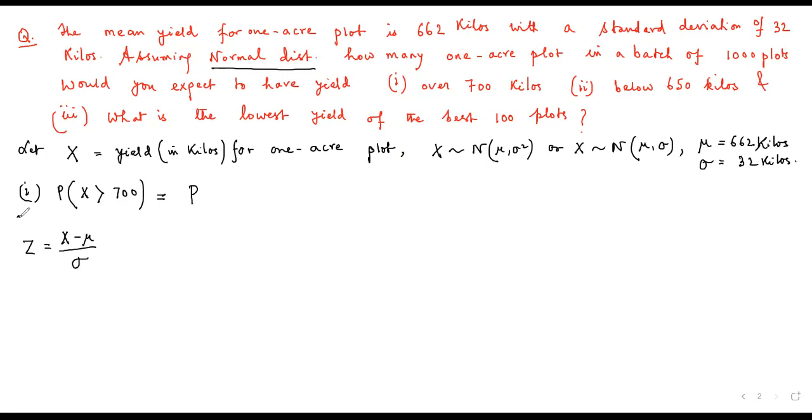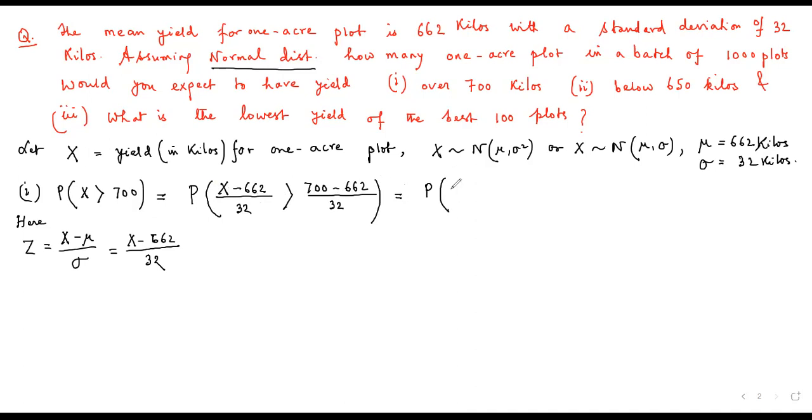Here we know that Z is (X minus mu) by sigma, where mu is 662 and sigma is 32. So we need to subtract the mean 662 from both sides, and divide by the standard deviation, that is 32.